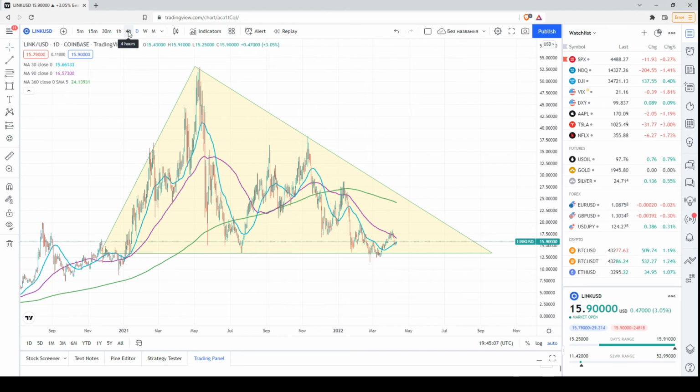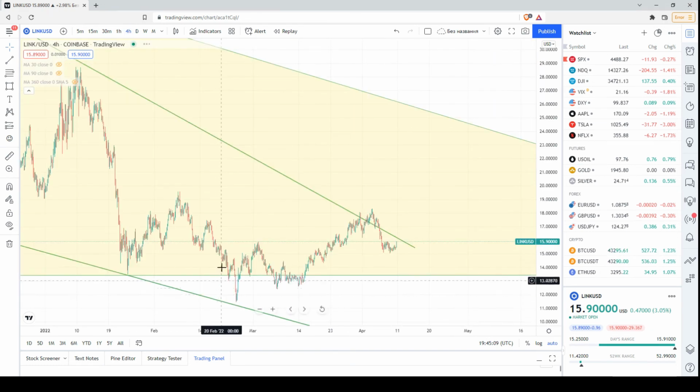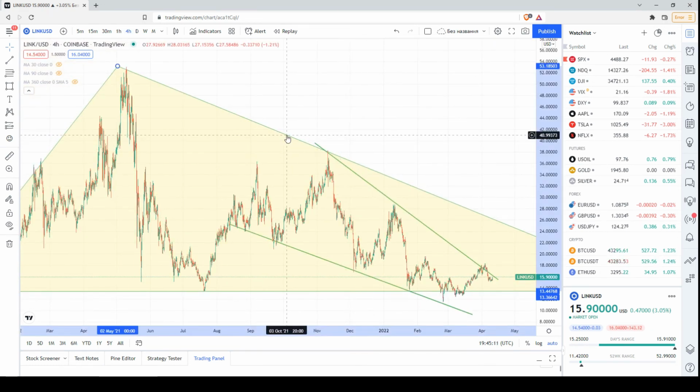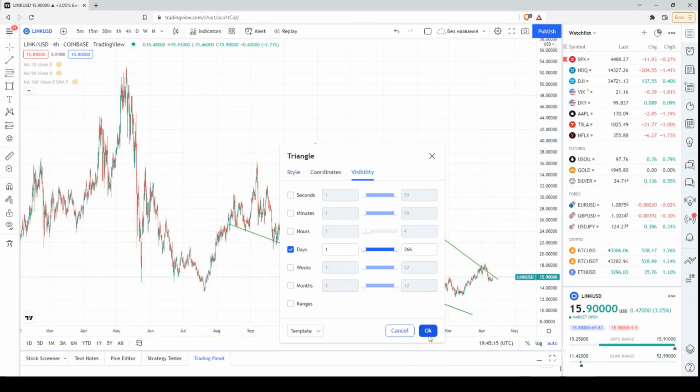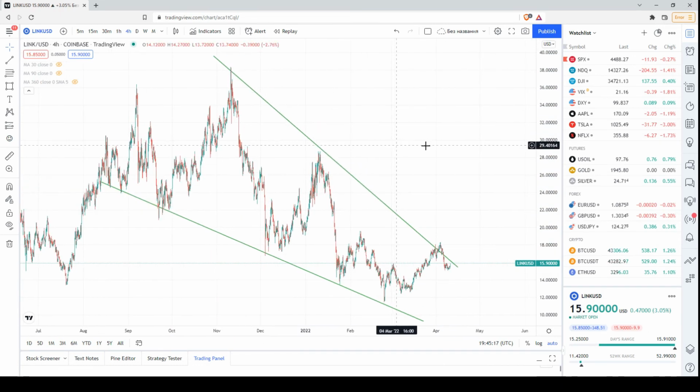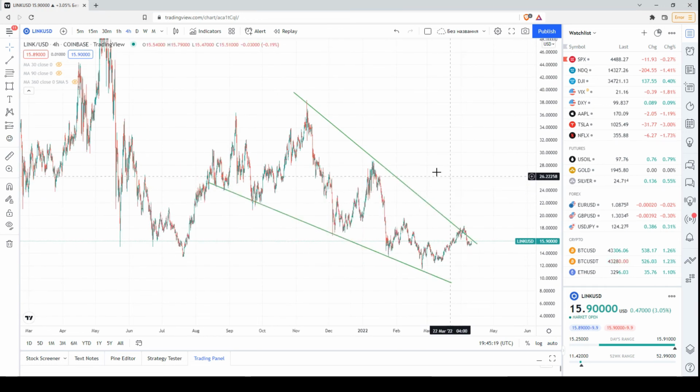Next, let's have a look at the 4-hour chart. Okay, this is the 4-hour chart. This is our descending triangle. Let me hide it. Here we have this descending wedge. Of course, it's a descending narrowing wedge. To some extent, I mentioned this wedge in the weekly chart, where I highlighted that we have a sequence of lower highs and a sequence of lower lows.